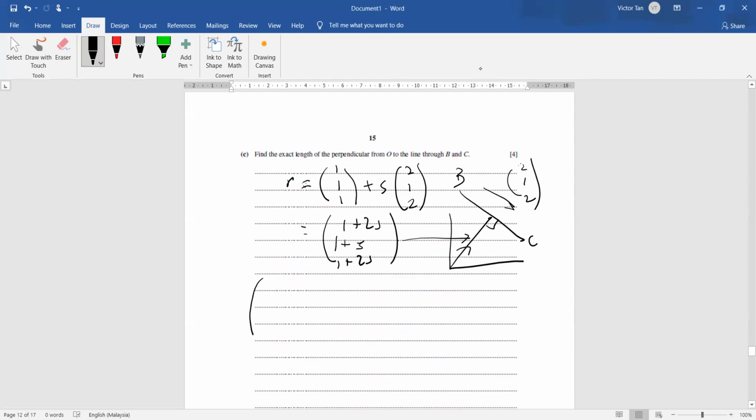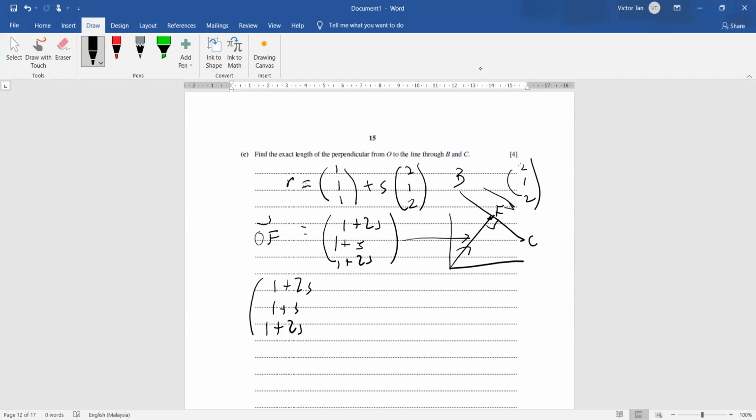So by doing a dot product, it will be 0. When you find s, you find the position vector of the point, this point here, which is the foot. Okay. So I put this as OF.